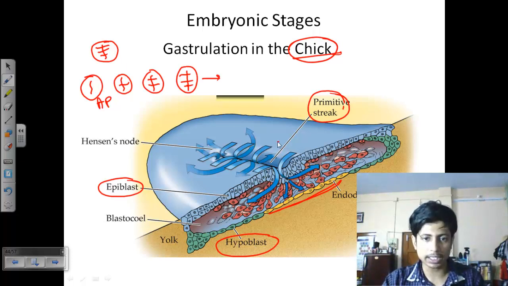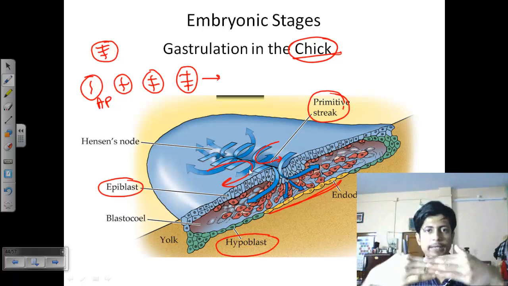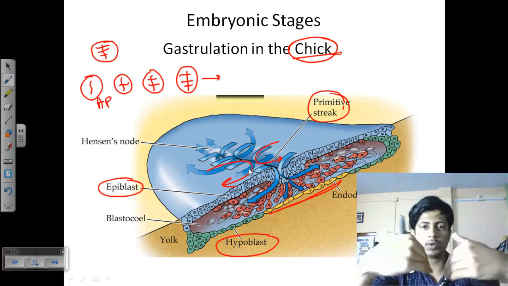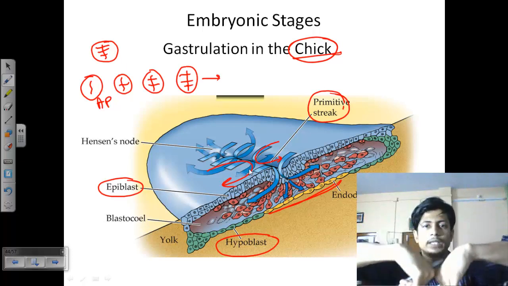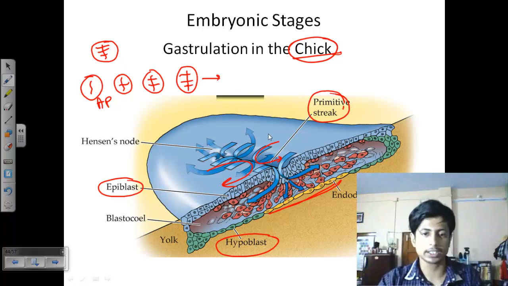So all the surrounding cells migrate to the bottom region like this. If this is the surface, these cells slowly start to invaginate and go to the bottom like that. So it creates a V-shaped structure, the invagination, which is what is formed here in the primitive streak, right?